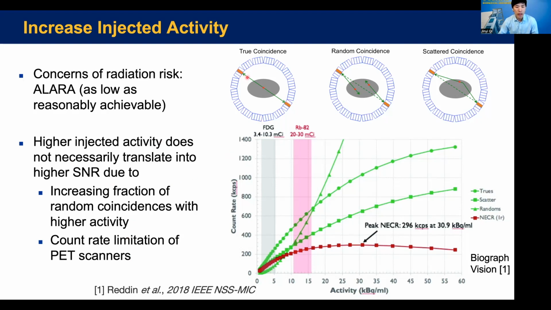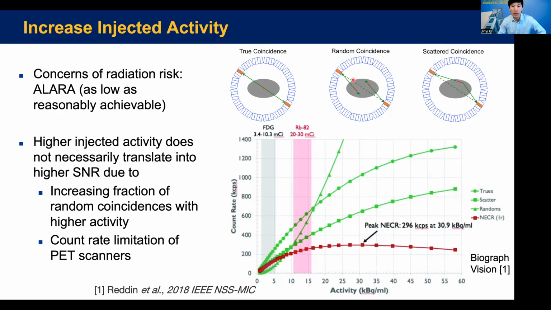What we want in PET image reconstruction are true coincidence events, where the two 511 keV photons come from the same positron decay. There are cases where the PET detector may detect two photons, each from a separate positron decay, and those are two completely independent events.